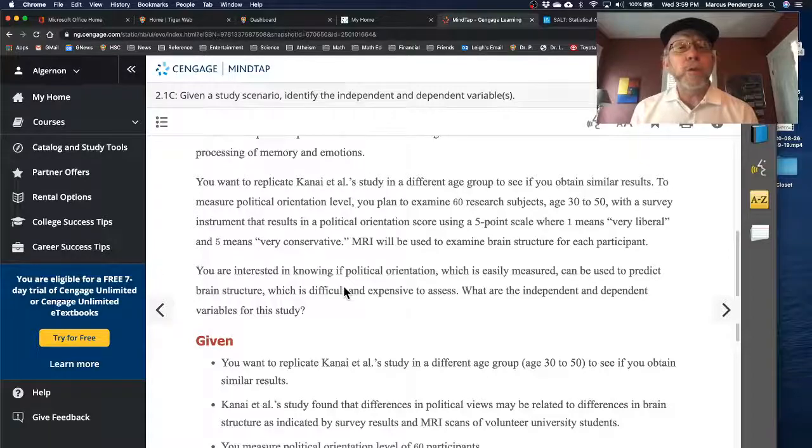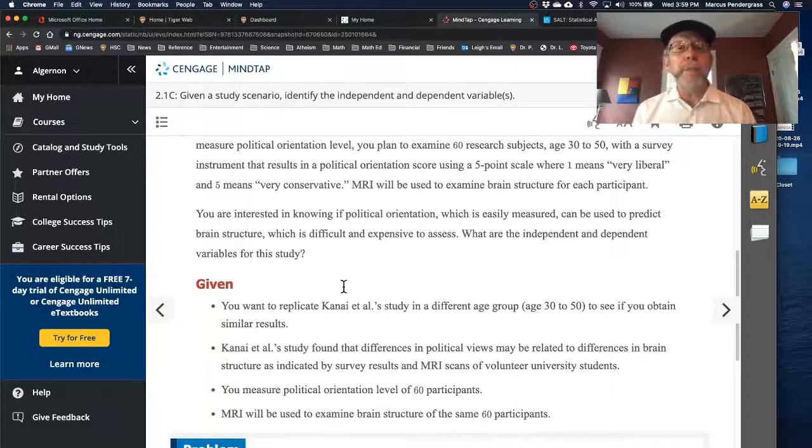So, to measure political orientation level, you plan to examine 60 research subjects aged 30 to 50 with a survey instrument that results in a political orientation score using a 5-point scale where 1 means very liberal and 5 means very conservative. Then you'll use an MRI scan to determine brain structure for each participant. You're interested in knowing if political orientation, which is easily measured by the survey, can be used to predict brain structure, which is difficult and expensive to assess.